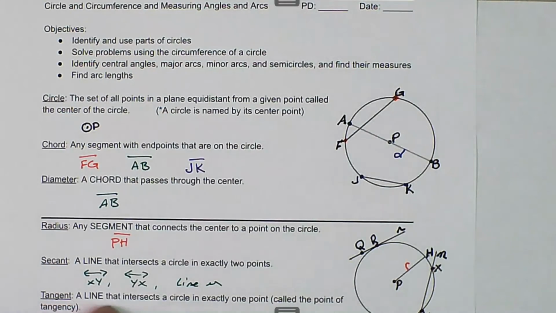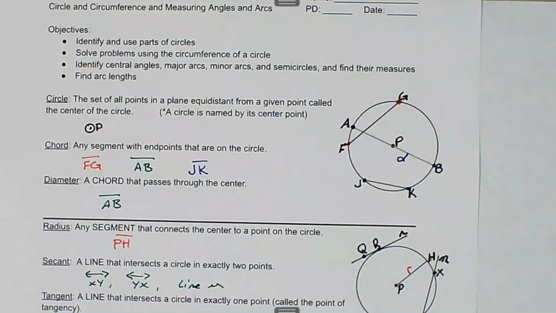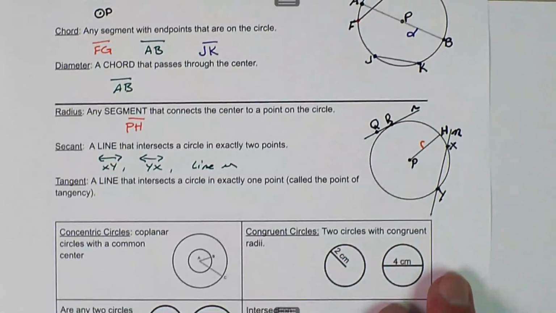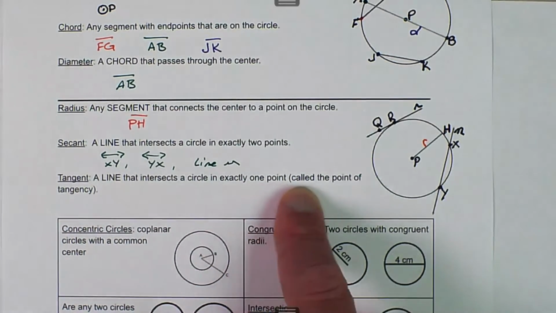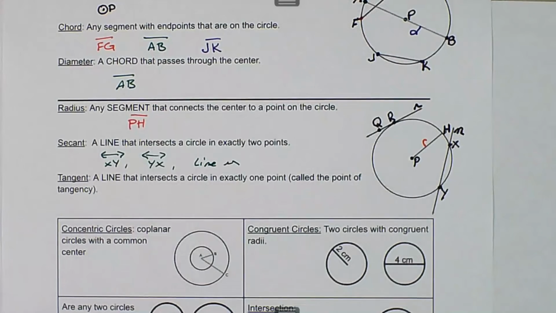A tangent is a line that intersects a circle in exactly one point called the point of tangency.